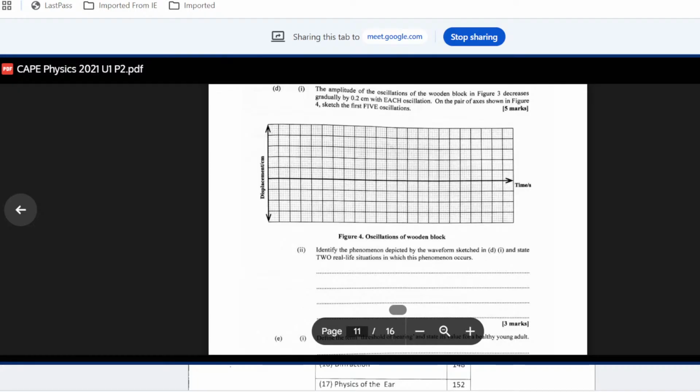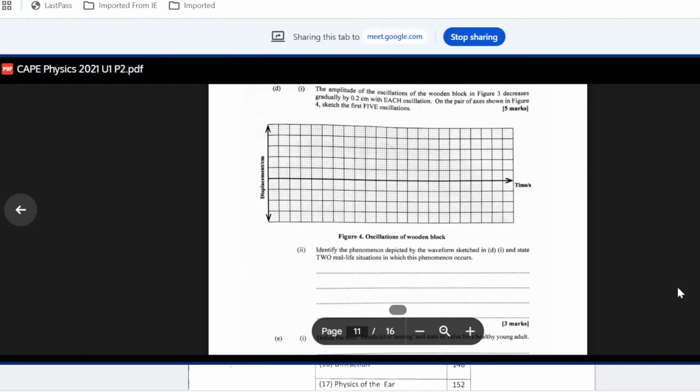So this is damping. What are some real life situations where damping is applicable or used? Car shocks.